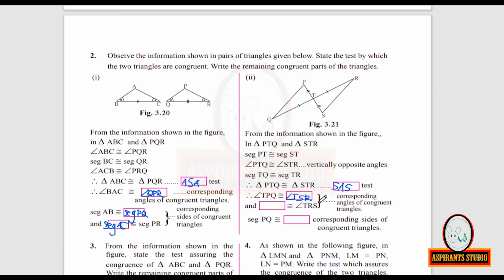This will be the corresponding angles of congruent triangles. So CACT we have to write. Now one more pair of angles is there which are congruent. Here for the second triangle it is given as TRS. You know T corresponds to T only, R corresponds to Q and S corresponds to P. So this angle will be angle TQP.